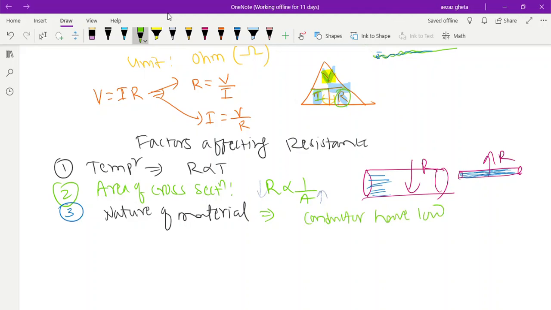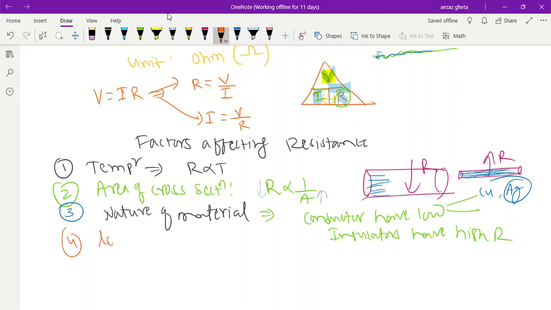Insulators have high resistance, correct? But in conductors also, like copper has very low resistance. I think silver has low resistance, but we are not using it in our wire because it is very costly.